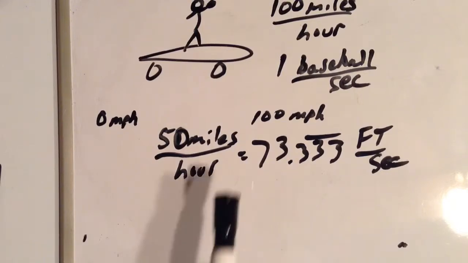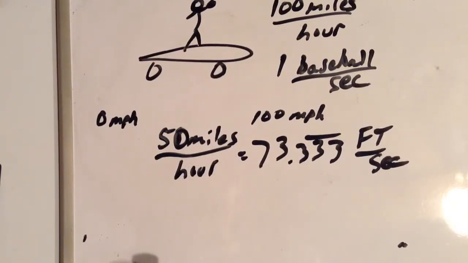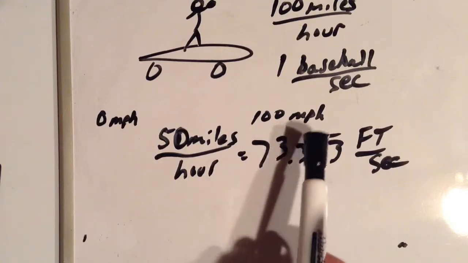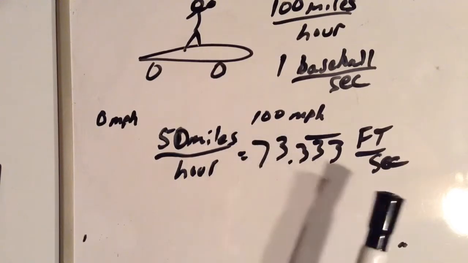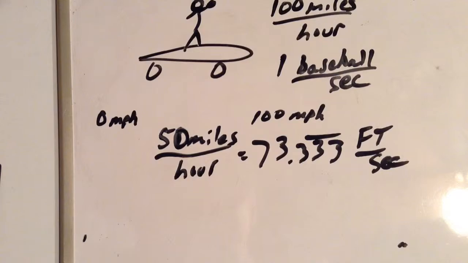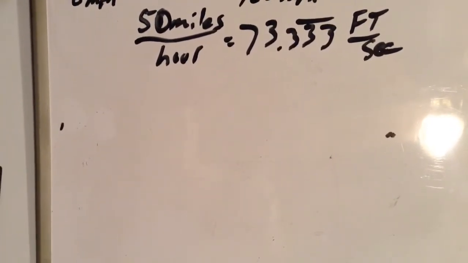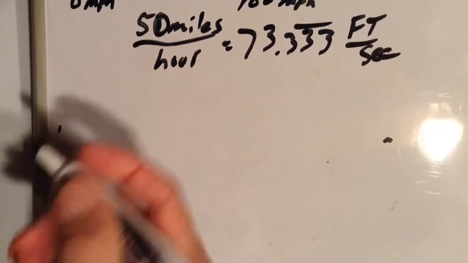So he needs to have arms that are about 40 feet long. Of course, we know baseball pitchers have arms a lot shorter than that. And in real life, they're accelerating a baseball a lot more than 100 miles per hour per second. Baseballs weigh between 5 and 5 1/4 ounces.